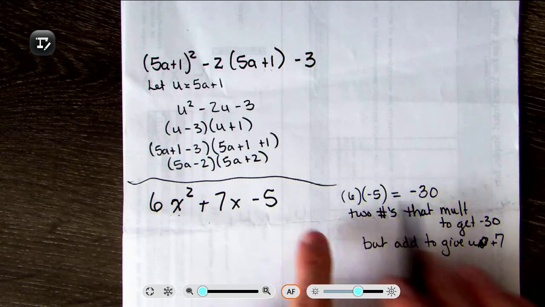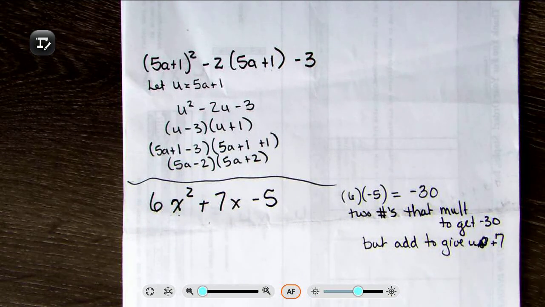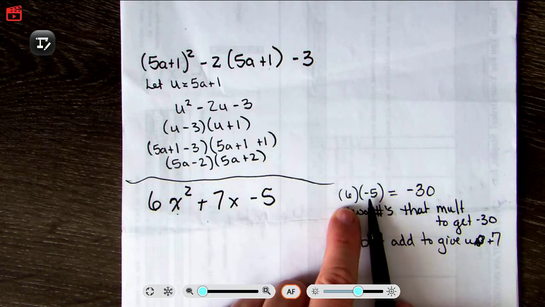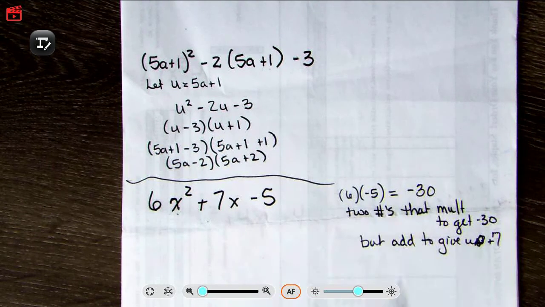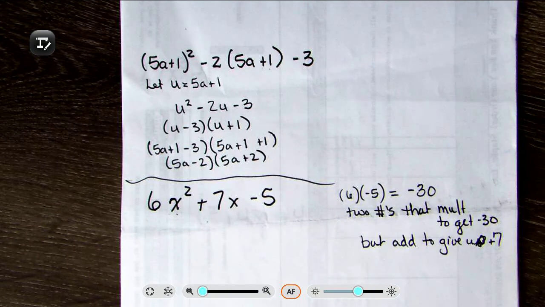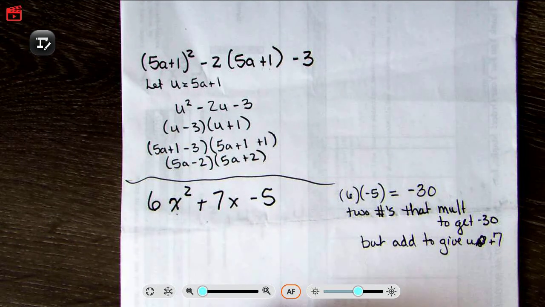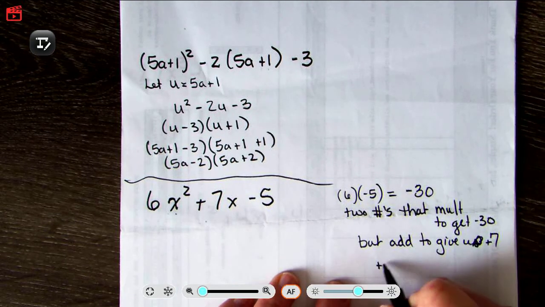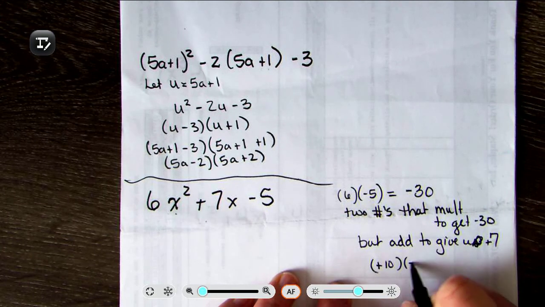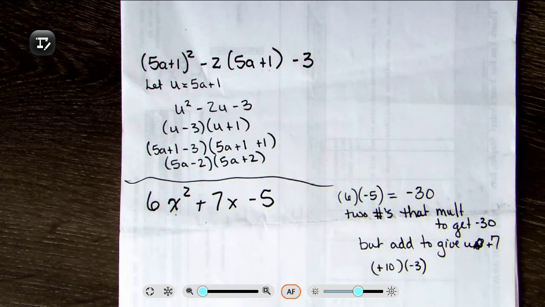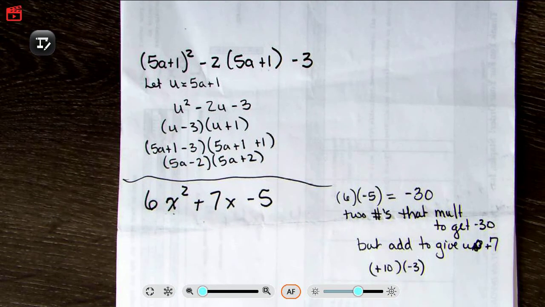Sometimes it helps to list all the different ways to get 30. We have two of them here, reminding ourselves that we could switch signs around. Hopefully by pausing and waiting long enough, you see that a positive 10 and a negative 3 multiply together to give me the negative 30, add together to give me that 7.